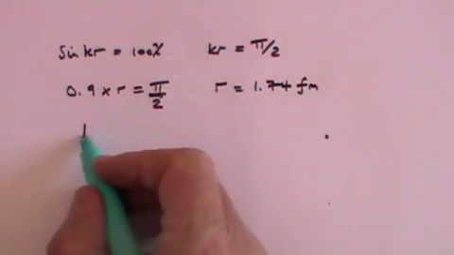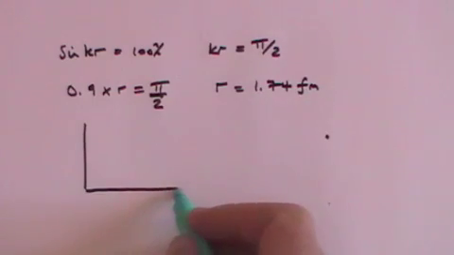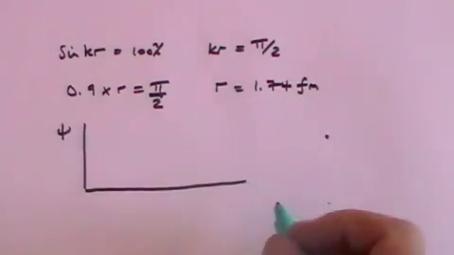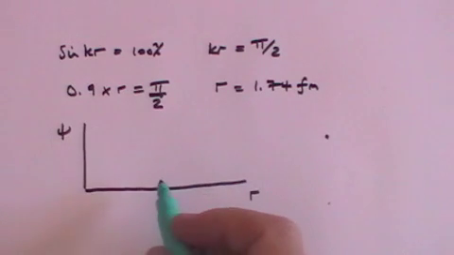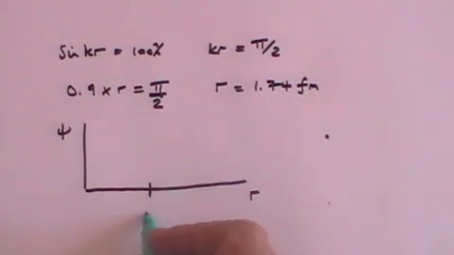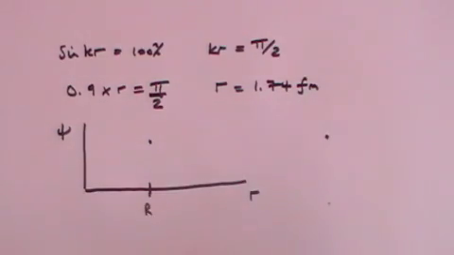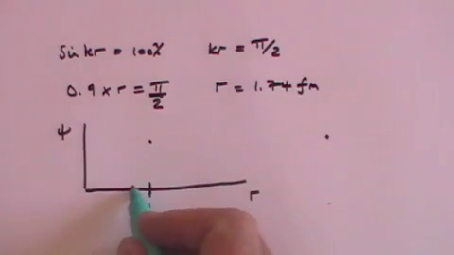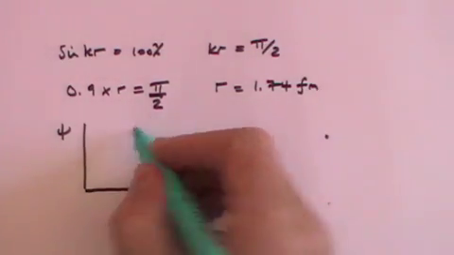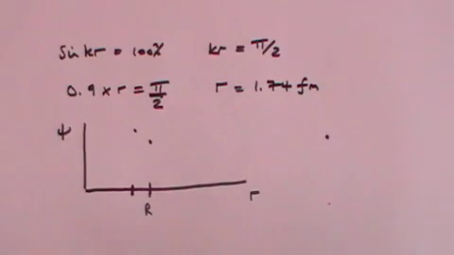So if we plot psi against r, what we said was that at the value of r equals 2.1 Fermis, we're at 95%. And at 1.74, which is about here, we're going to be at 100%. And it's a sine wave.